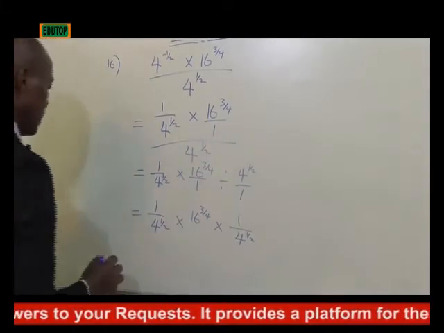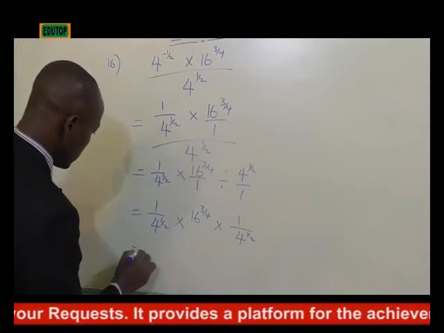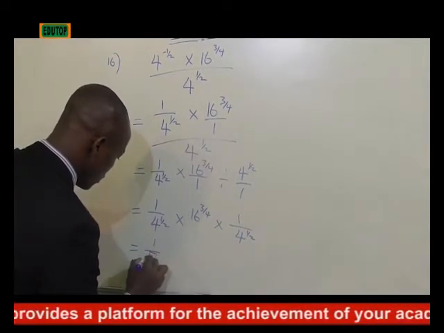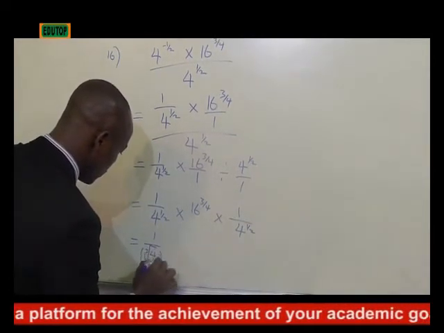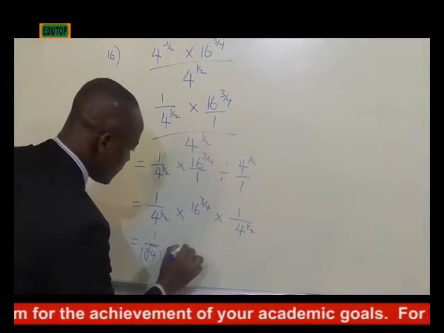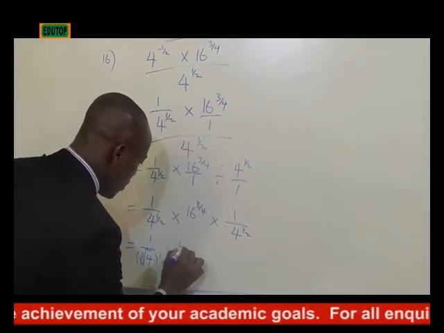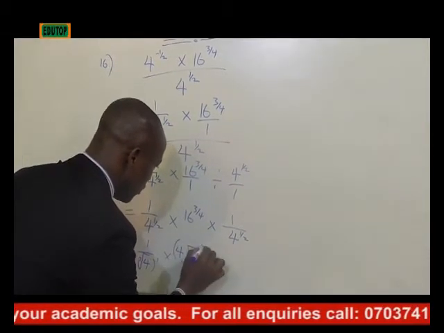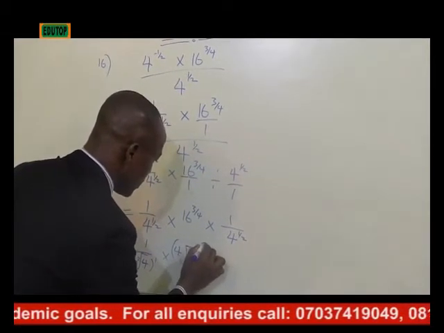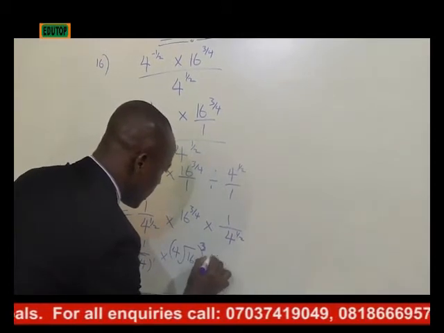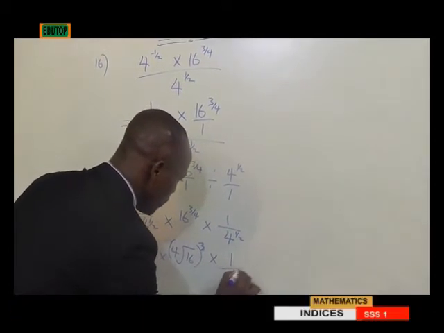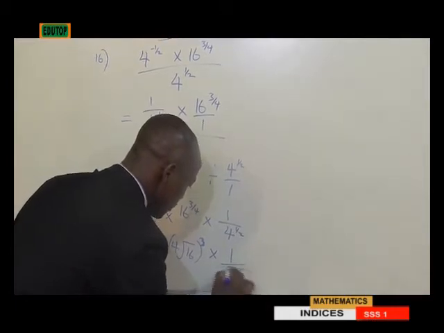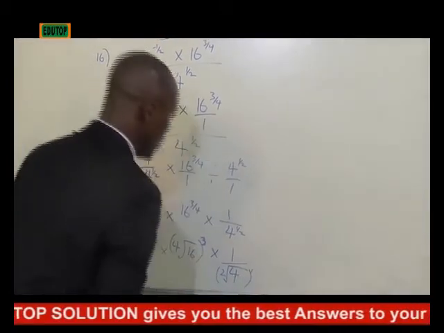So what we'll now be having here is 1 over the square root of 4 raised to power 1, times the fourth root of 16, everything raised to the power 3, times 1 over the square root of 4, all raised to the power 1.